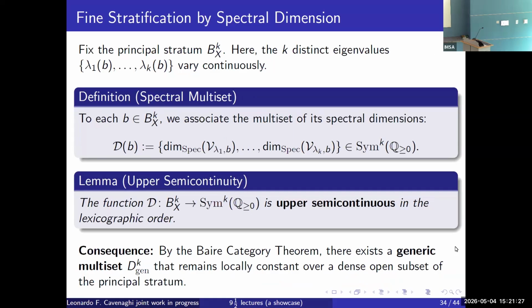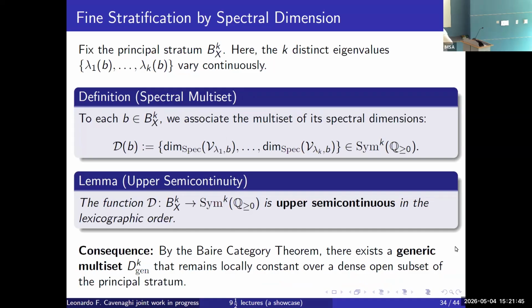Now what do we define? We fix the principal stratum, with a given number of distinct eigenvalues. Then we define this spectral multiset. To each point b, you associate the multiset of the spectral dimensions.